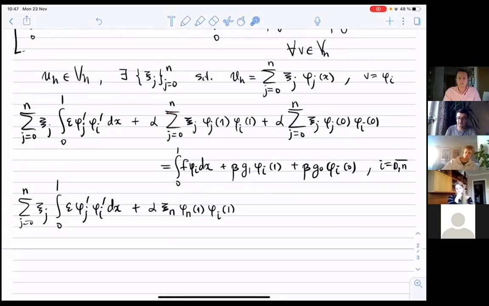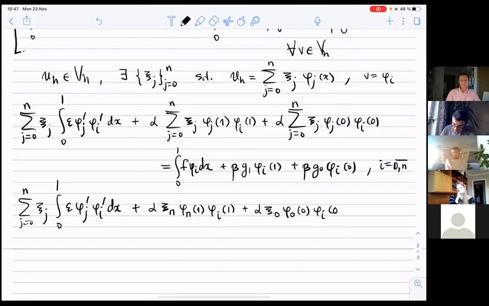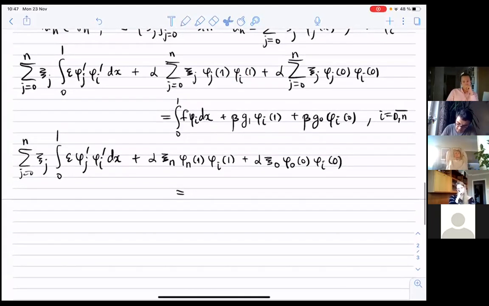I change j's, but I's is the same. So we cannot change I. I's are corresponding to each equation. So here we have alpha psi 0 phi 0 at 0 phi I at 0. Everything is equal to the right hand side. So I'll just copy the right hand side here.